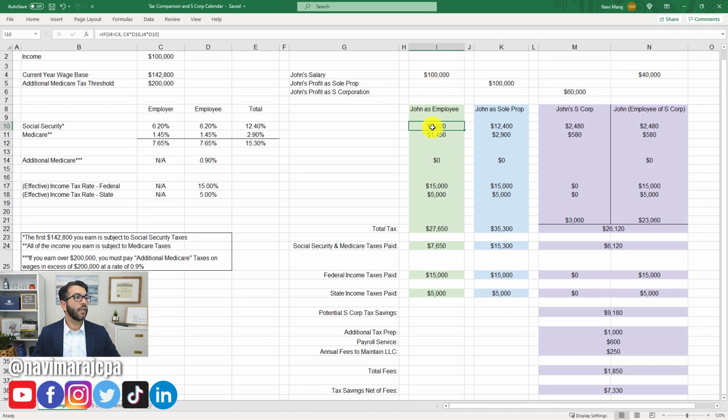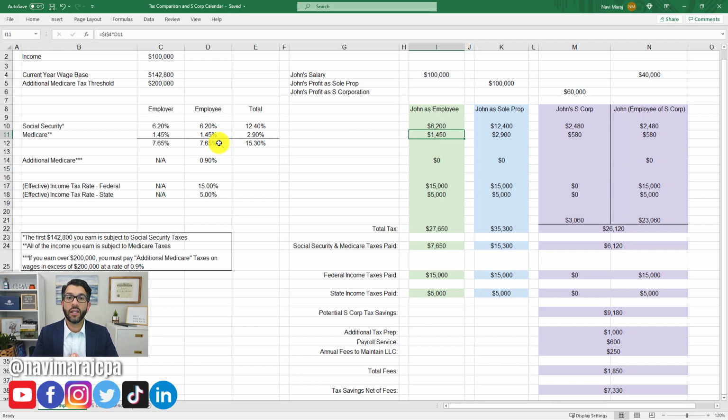So John pays 6.2% as the employee. $100,000 times 6.2% is $6,200. John also pays 1.45% in Medicare taxes. So $100,000 times 1.45% is $1,450. So that's how much John pays as an employee in Social Security and Medicare taxes.